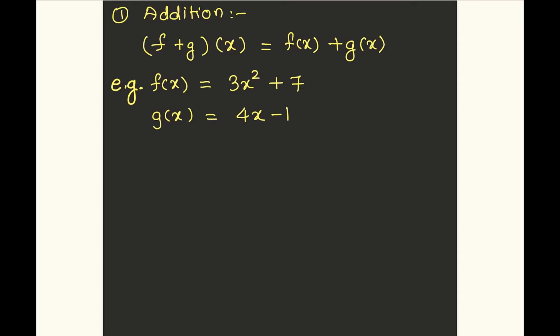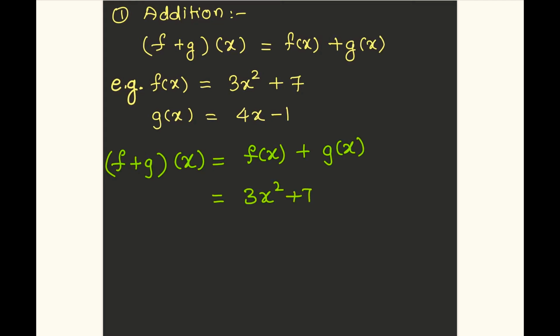Here you can see I can write f plus g is equal to, first I'm going to write down f of x, then g of x. In this case f of x is equal to 3x squared plus 7, plus g of x is equal to 4x minus 1, right?